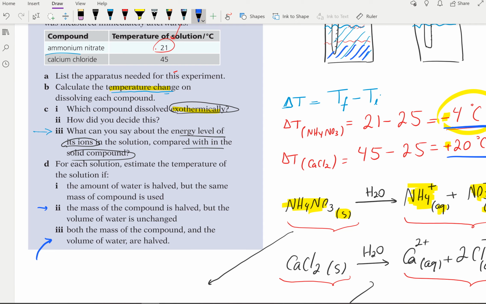So the temperature change doesn't change. You will have the same temperature change: for NH4NO3, the temperature drops 4 degrees. For CaCl2, the temperature increases 20 degrees.